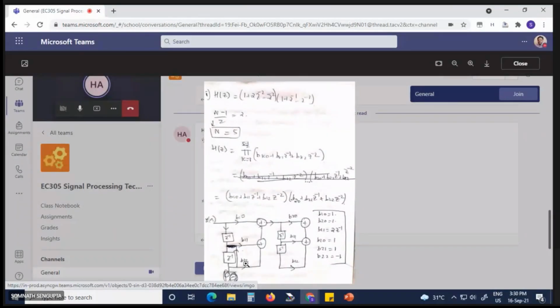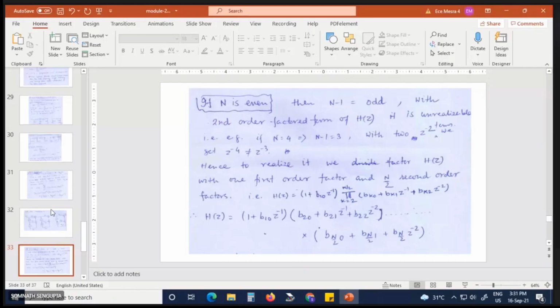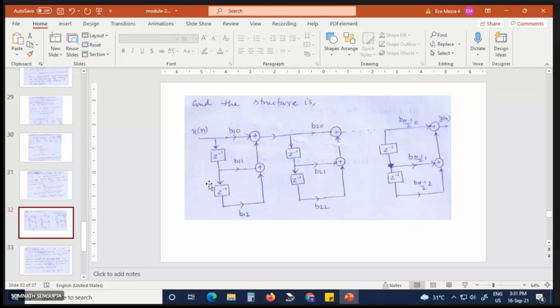After z power minus 2, B11 and B12 are coming from the same place, and at the plus place they will subtract. No, it is this structure you have to follow. Sir, I followed this one, but B11 was having z power minus 2, actually.